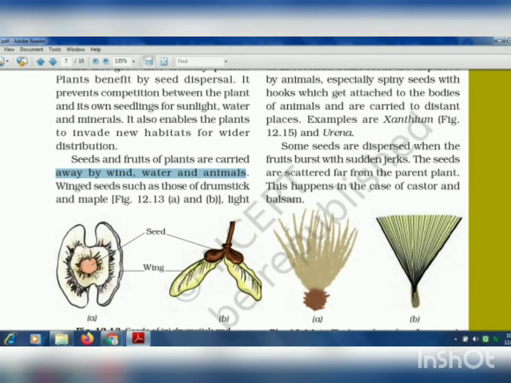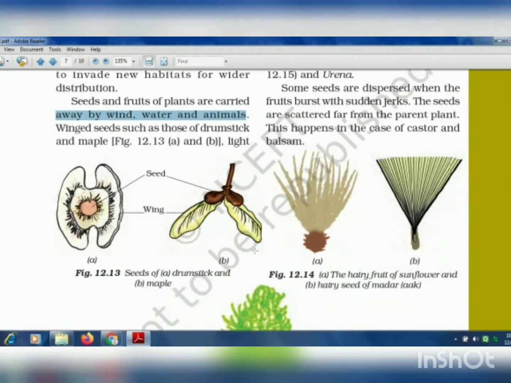Either they have wings or they have hair-like structures. So in this picture they have shown you that the seed of drumstick and maple have wings, whereas the fruit of sunflower and seed of madar have hair-like structures, which help them to get transferred from one place to another.